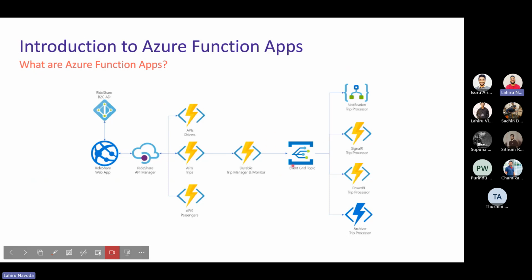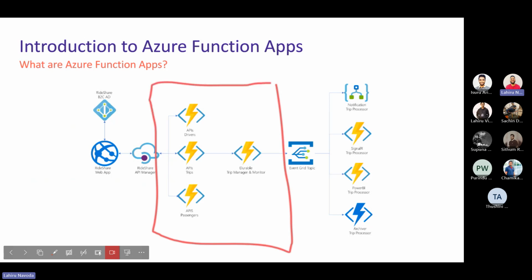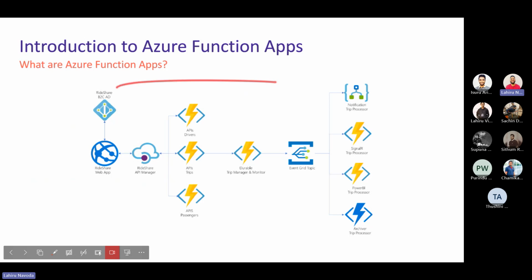I'm not going to explain in detail about these other services, but my point is that the Azure Function app is this kind of system. You can have multiple functions, many ways of input bindings, and many ways of output bindings as well. That's the main point here. I hope the full picture is clear to you guys.